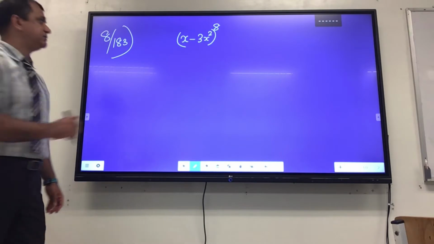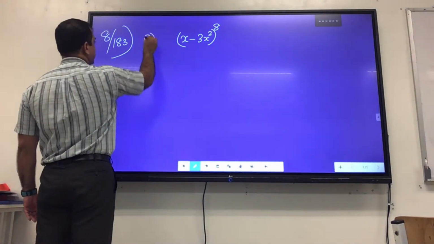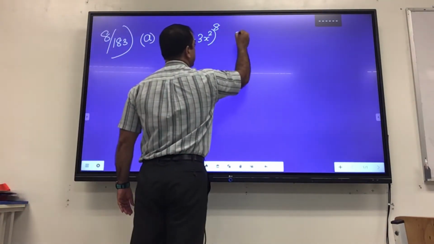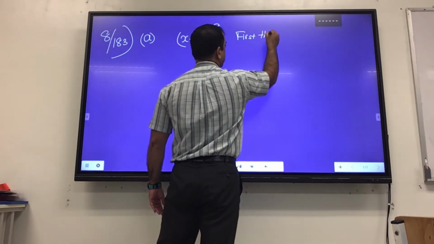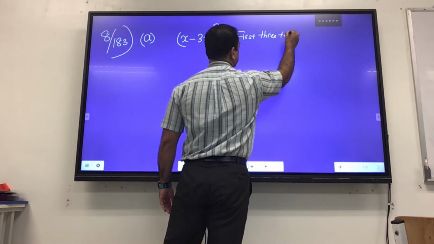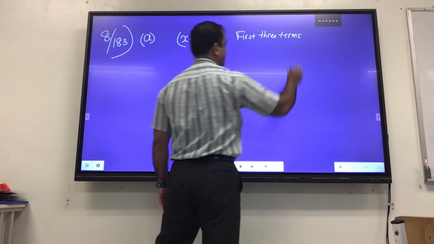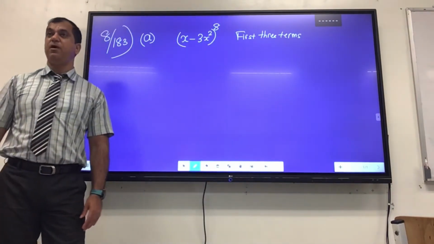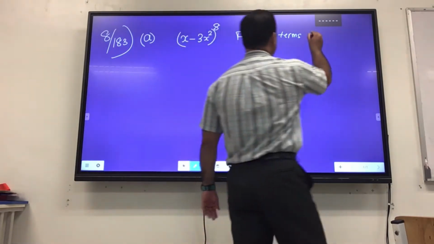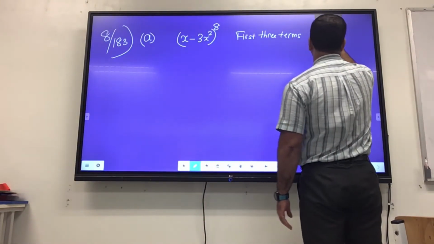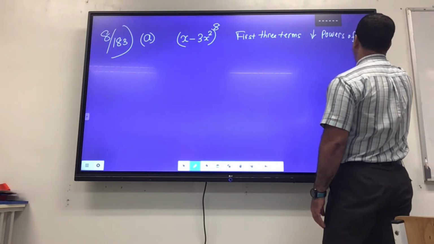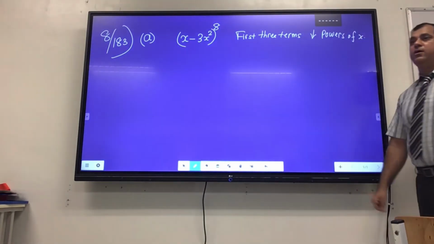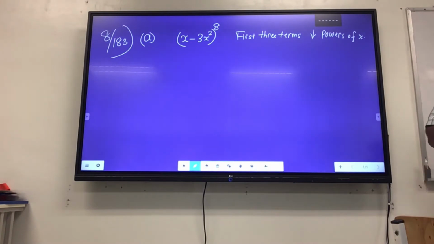This is part A. So our target is to find the first three terms in descending powers of x. Now guys, I have given you sigma notation for binomial expansion.